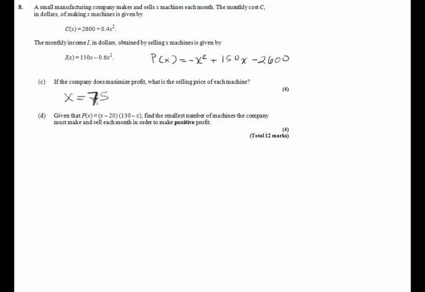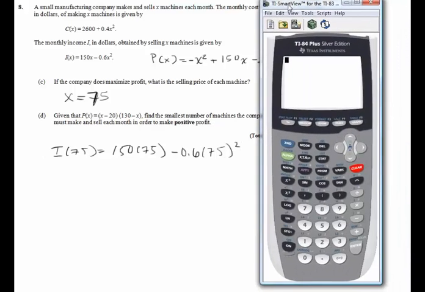It needs to figure out how much income it will make with those 75 machines. So we actually are going to say that the income of 75 is 150, and bringing our calculator to do that.